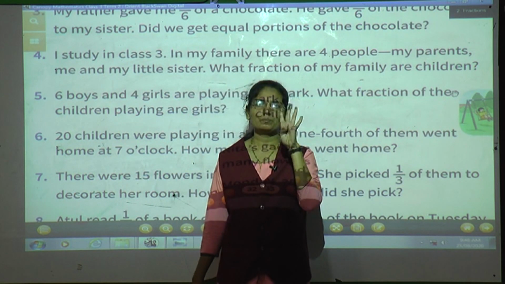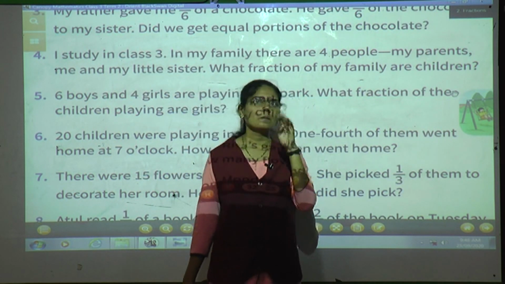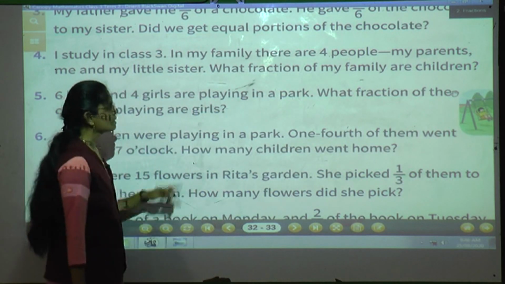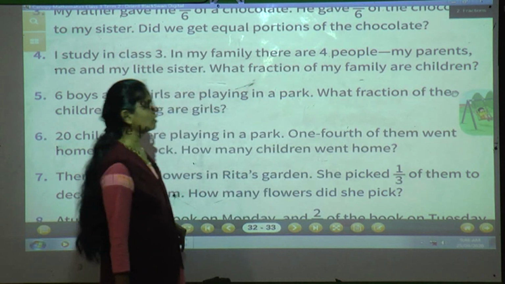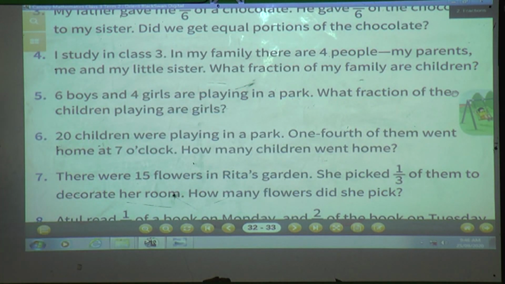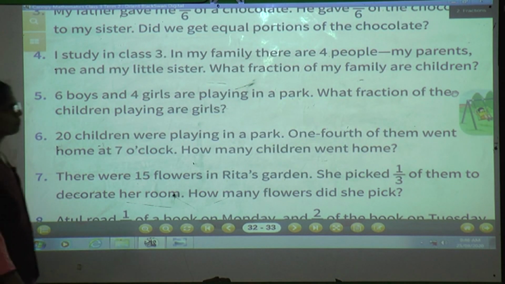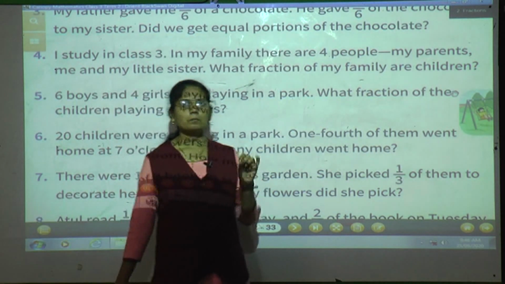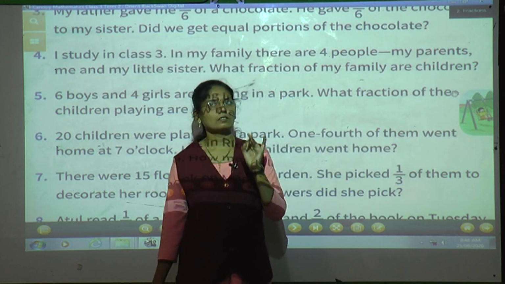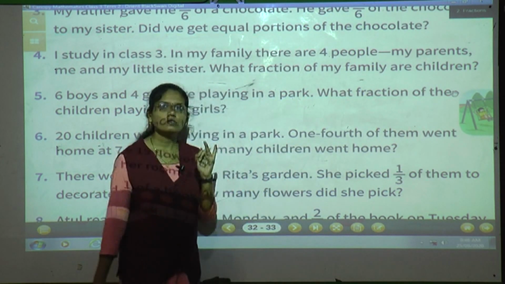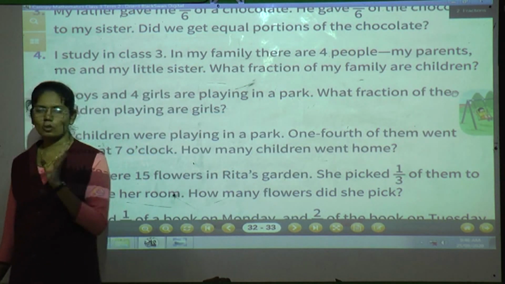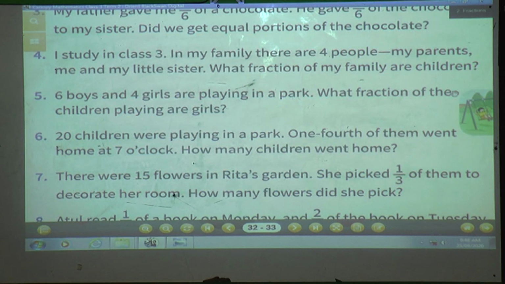The question is, what fraction of my family are children? Means in my family, how many children are there? Me and my little sister. These two are children and 2 are parents.